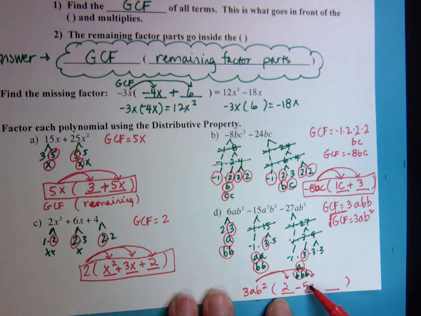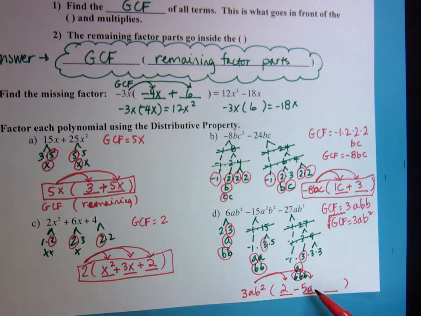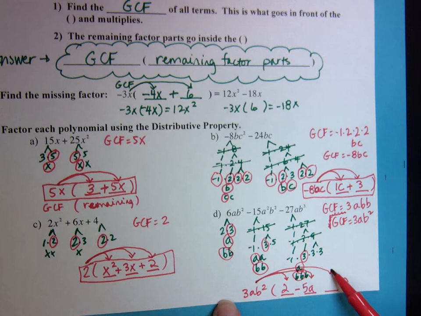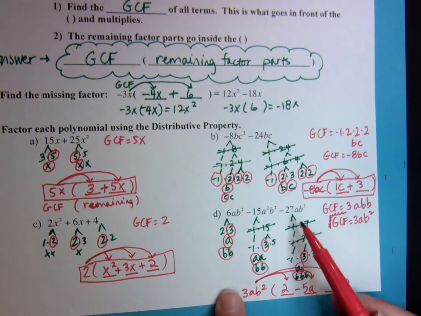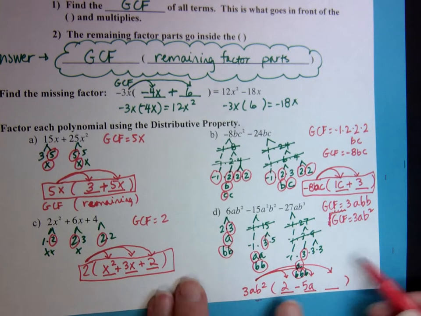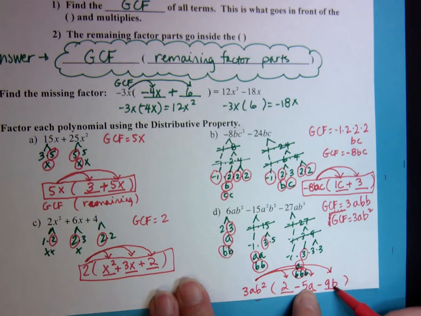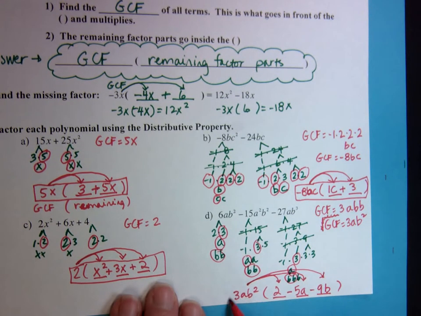And Abby, this is where you'll know. You see how this one, there's a negative 1 and a 5. That makes it a minus 5. Okay. And then you got an a left over. Then 3ab squared times what gives me negative 27ab to the third? Negative 9b. And so that would be our final answer. Questions?